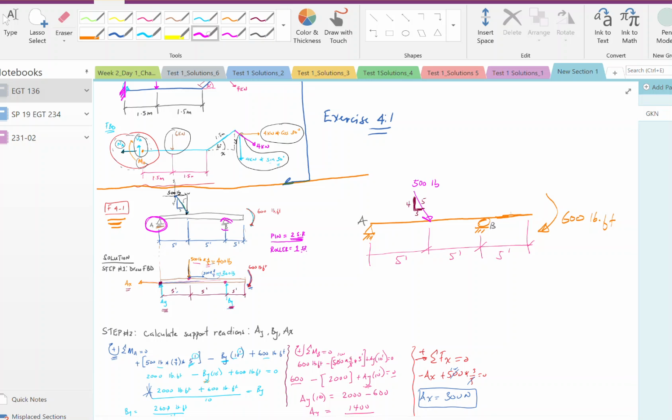So I always want you to remember that whenever you have a pin, some people use it as a hinge, it's being constrained in two ways, X and Y direction.